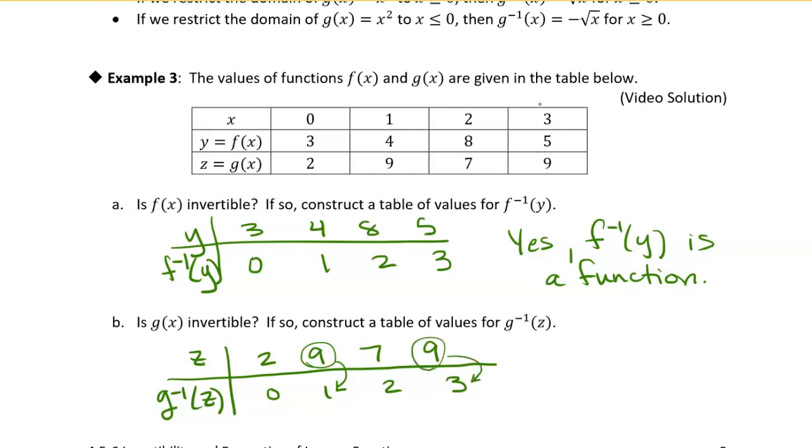Okay, so this one is no. So g is not invertible because, as we've shown here, if we tried to create a table of values, this g inverse is not a function, right? It's not an inverse. G is not invertible because the g inverse would not be a function.